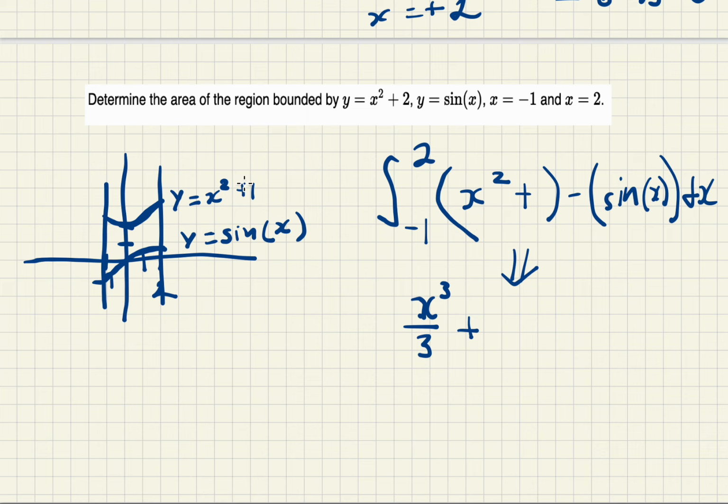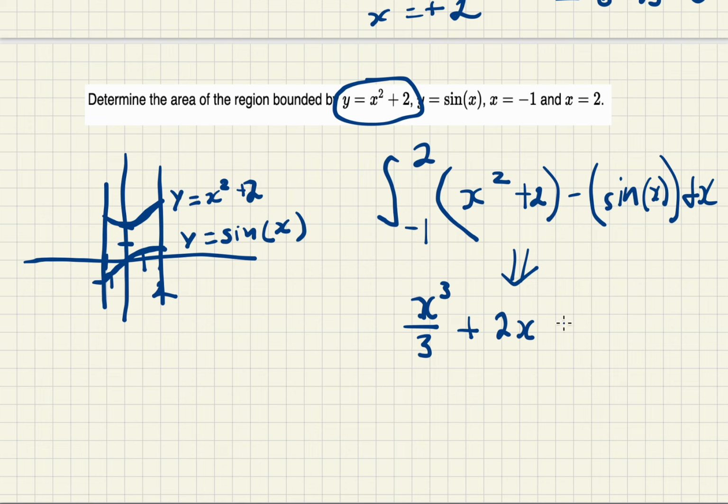It's x squared plus 2, because the function given to us is x squared plus 2. So x squared plus 2 minus sine of x. So x cubed over 3 plus 2x, using the power rule on each of them.